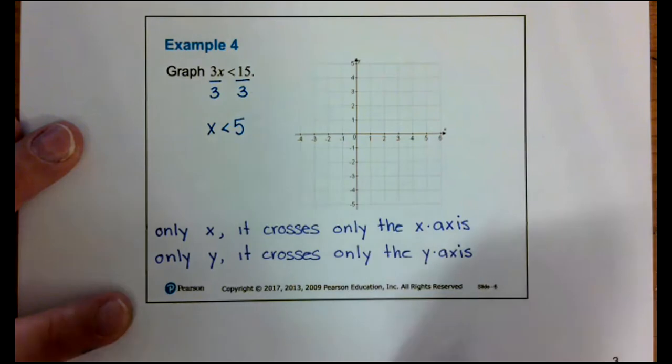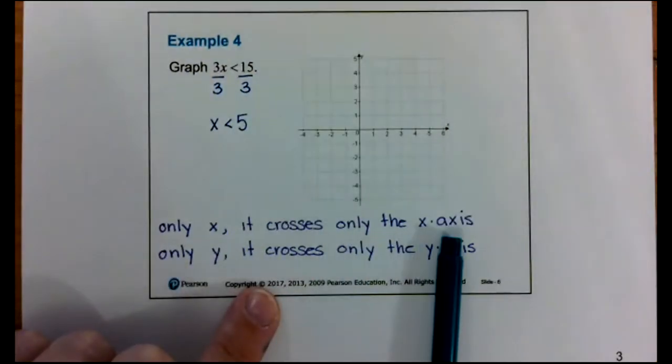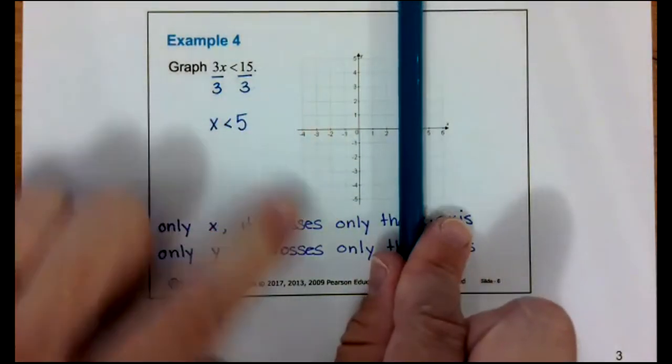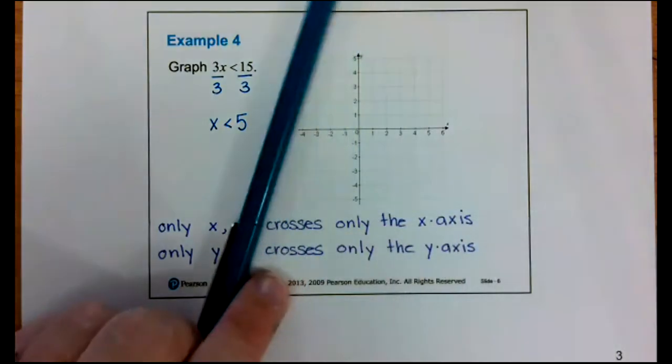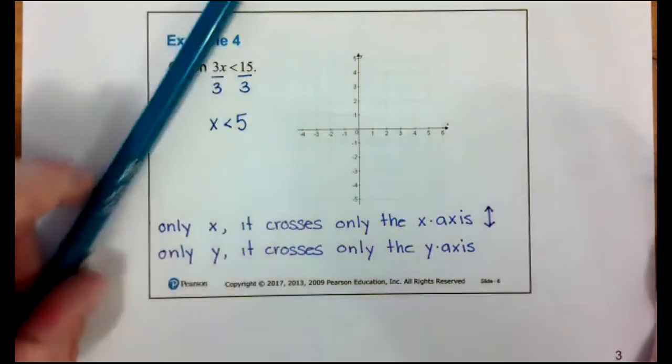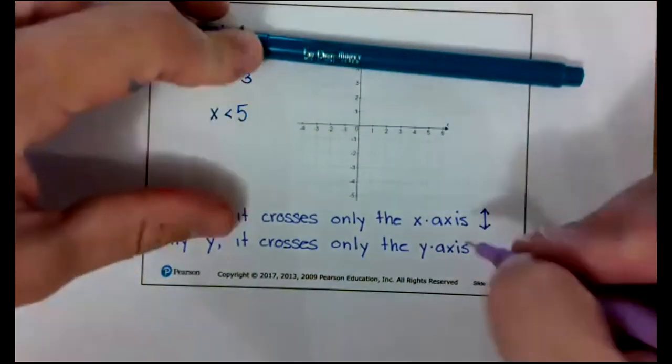So what does that look like? If it was just a pen crossing the x-axis without crossing the y-axis, means it's up and down. It's vertical. Crossing the y-axis and never crossing the x-axis means it's horizontal.